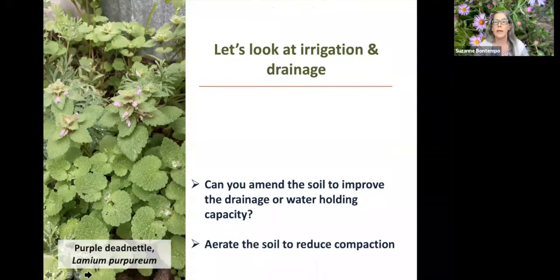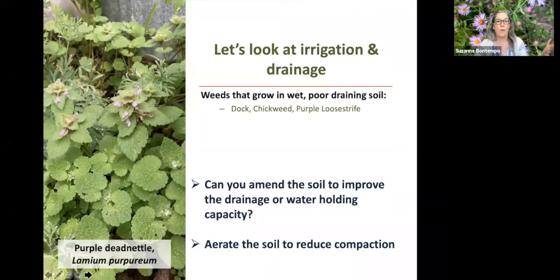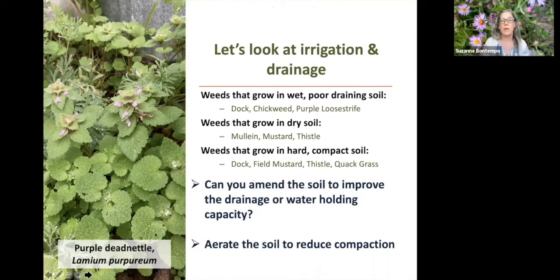We also can look at irrigation and drainage. This is going to be really helpful. There are certain weeds that are indicators that the soil is really wet or poor draining. There's other weeds that thrive in dry soils. And then there are some weeds that thrive in hard, compact soils.